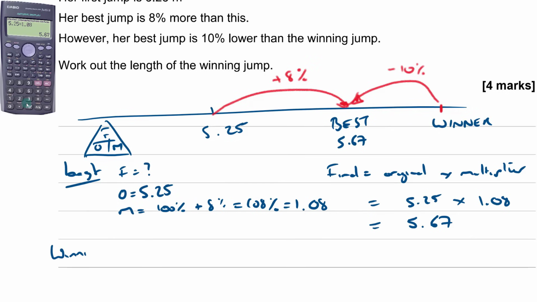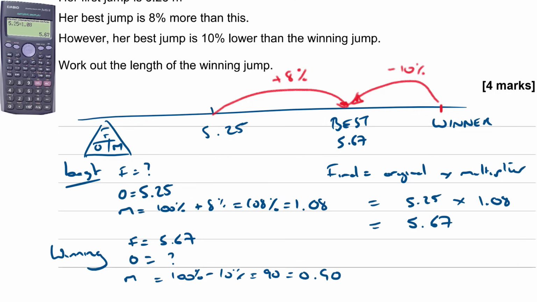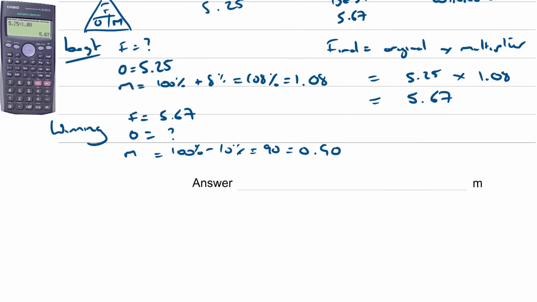So for the winning one, our final is 5.67. It's her best one. Our original is what we're trying to find, and the multiplier is going to be 100% less 10%, which is 90%, which is 0.90 as a multiplier.